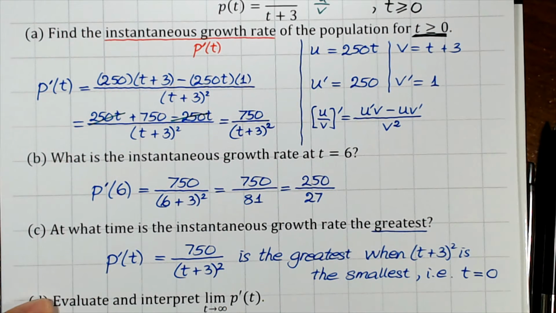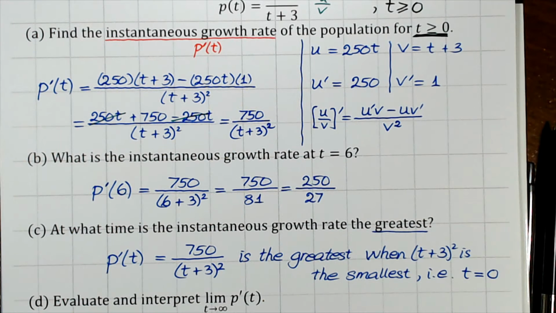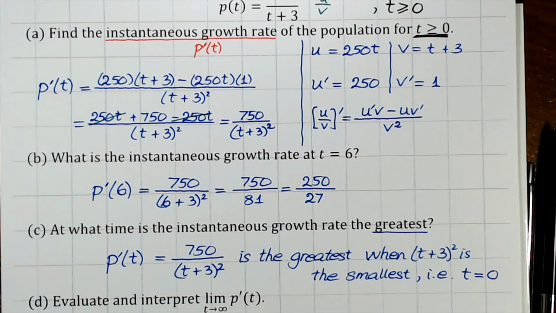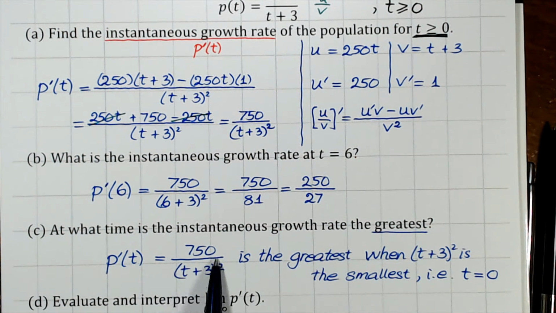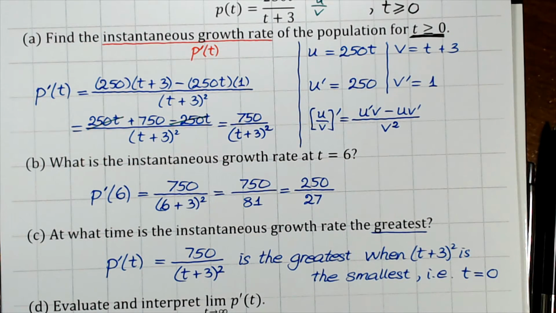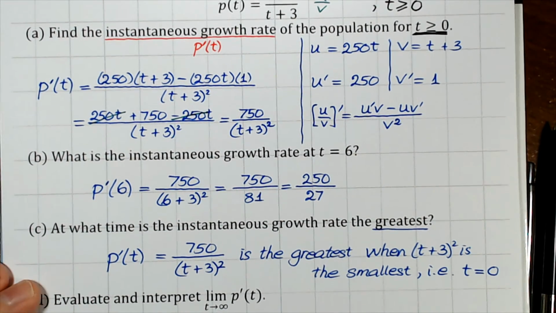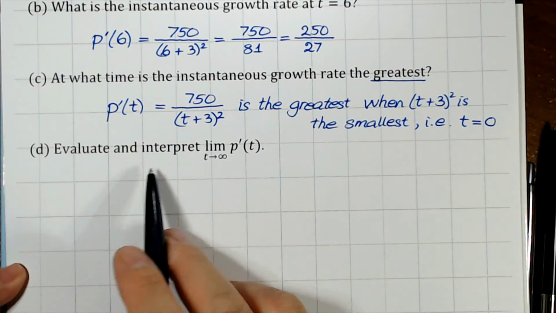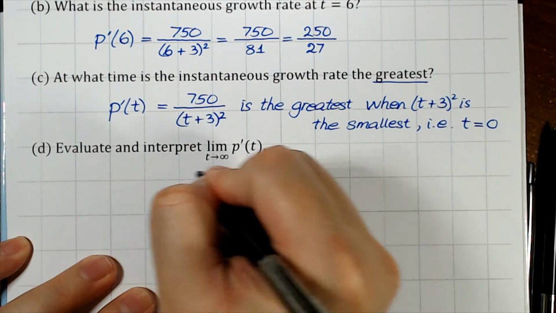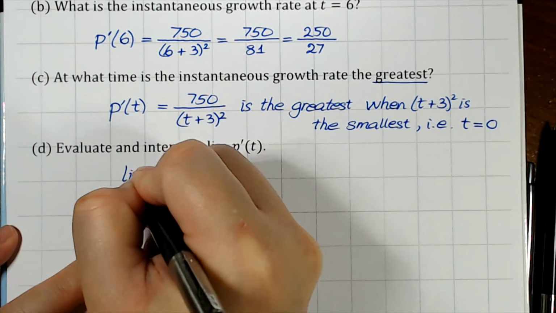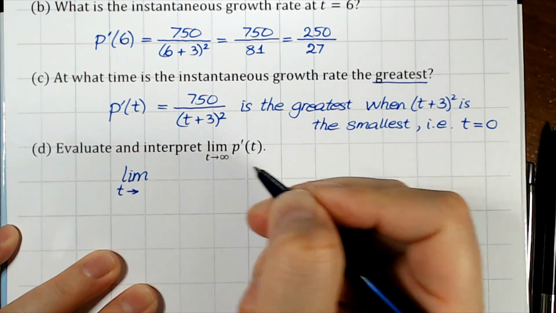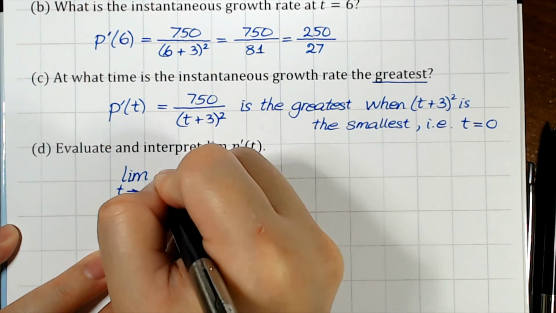And then next, evaluate the limit of the derivative of p as t goes to infinity. That is the derivative, and we just take the limit as t goes to infinity of the derivative.